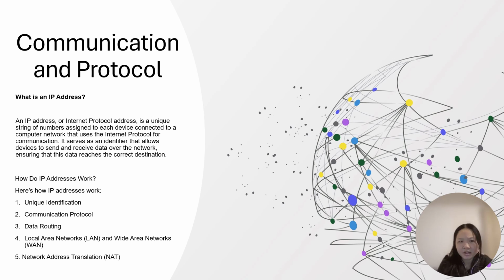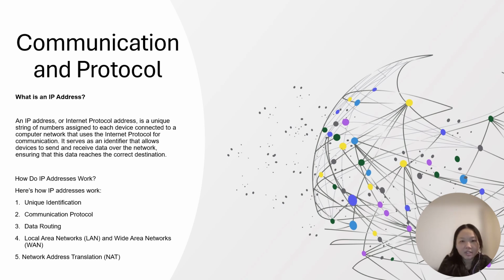Each piece of data sent over a network is broken into smaller units called packets. Each packet includes both the sender and the recipient IP addresses. 3. Data routing. When a device sends information to another device over the internet, the data is divided into packets.